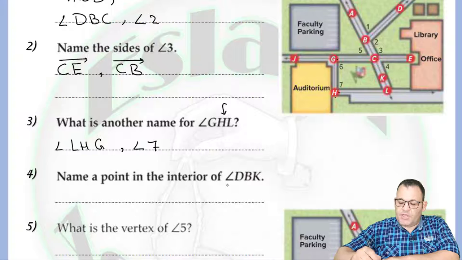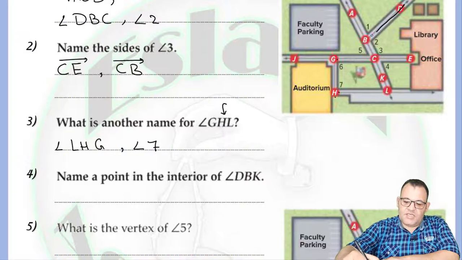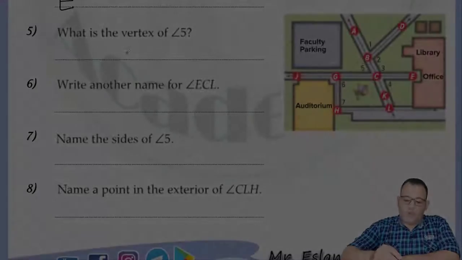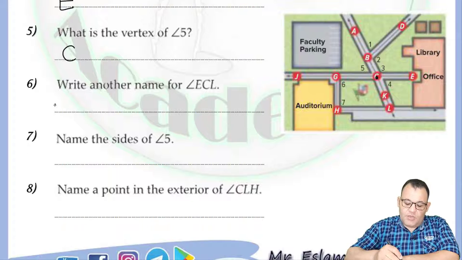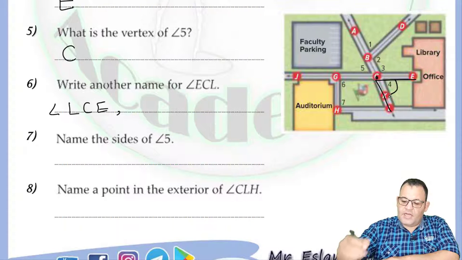Name a point in the interior of angle DBK. That's DBK. I need a point which lies between the two sides, which is the point E. What is the vertex of angle 5? That's angle 5. For angle 5, the vertex is C. Write another name of angle ECL. So we can say angle LCE, or we can say it will be angle number 4.